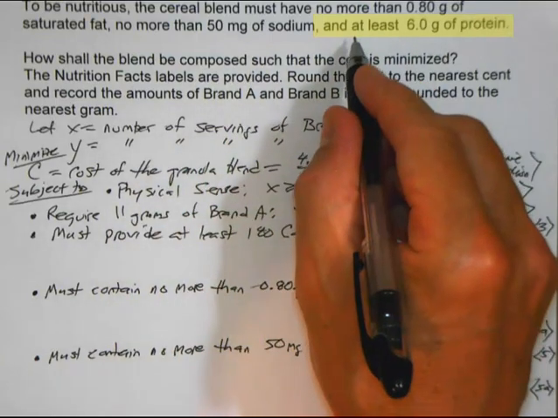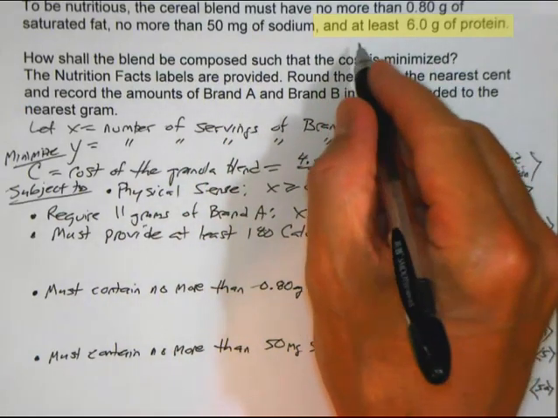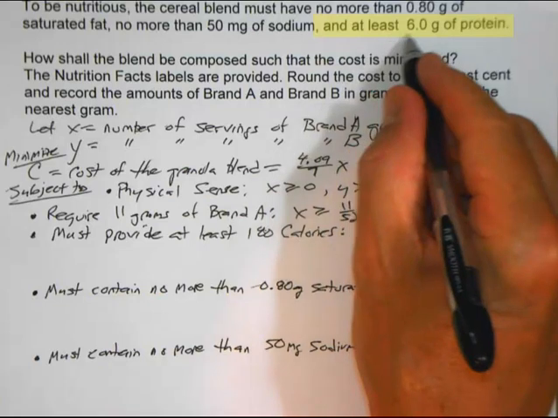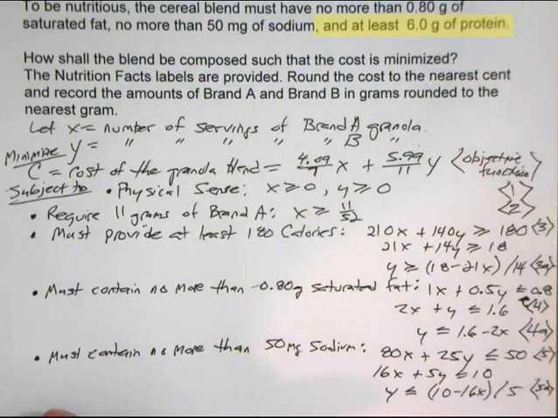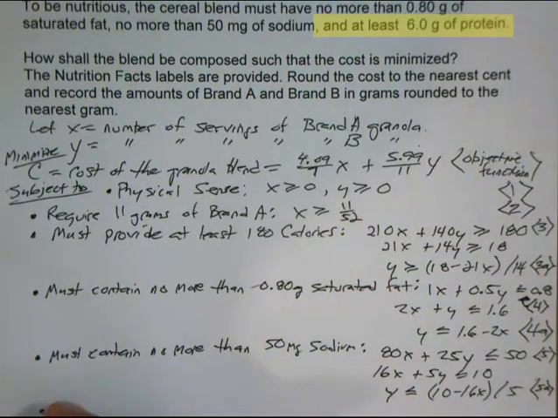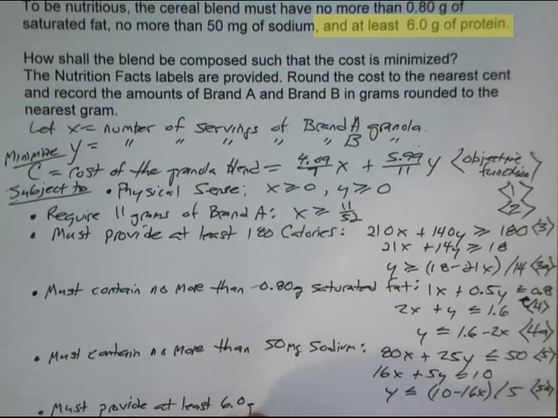Another requirement, and this is the last one. We have to have at least 6 grams of protein. Okay, one more thing here. Must provide at least 6.0 grams of protein.